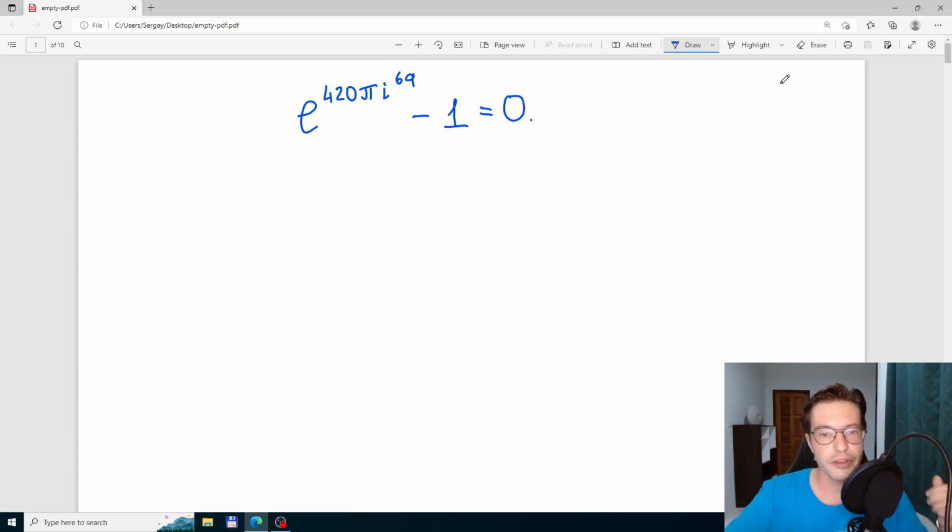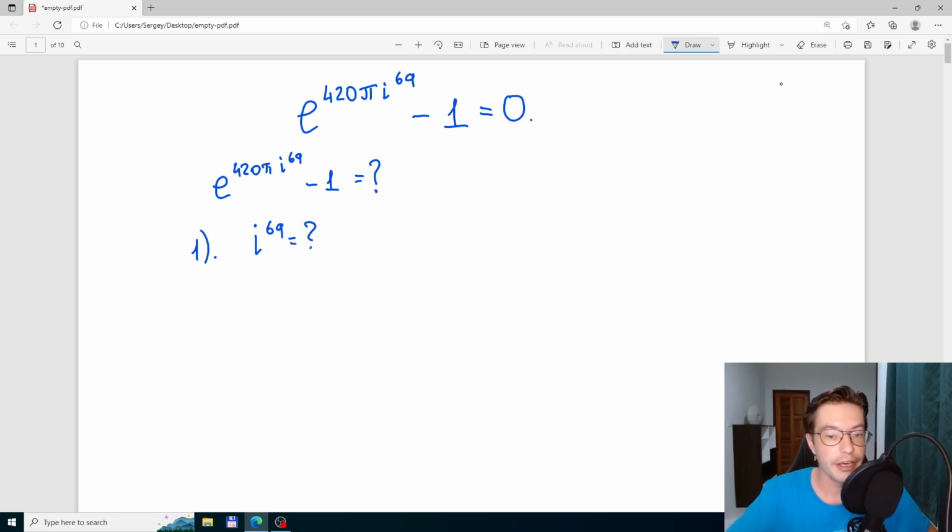So to start with, let's try to calculate what e to the power of 420 pi I to the power of 69 minus 1 is. To start with, let's try to analyze how we actually raise I to the power of 69.